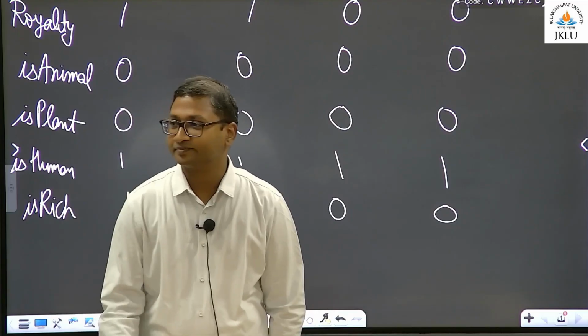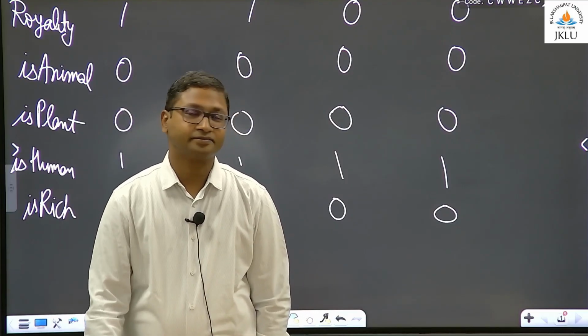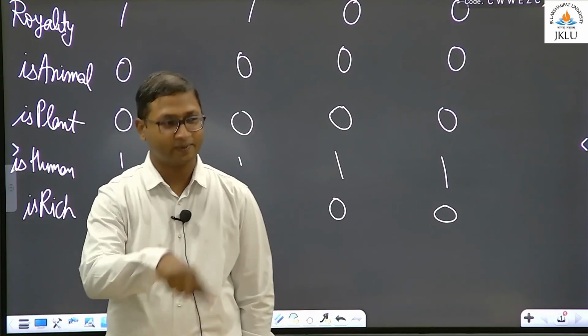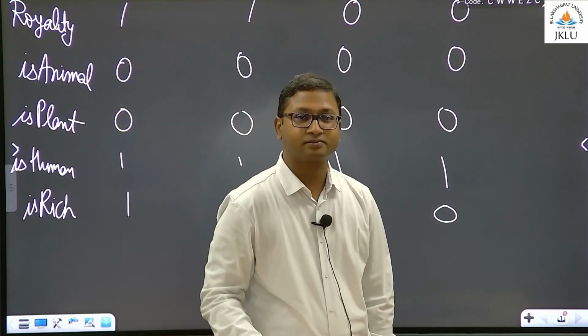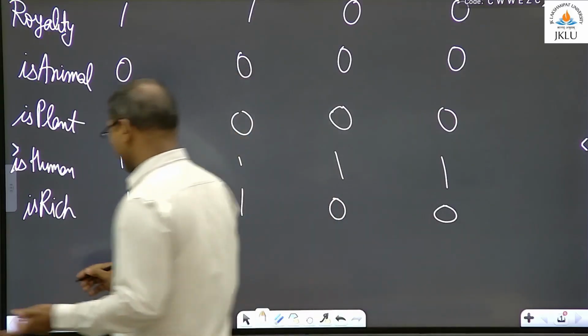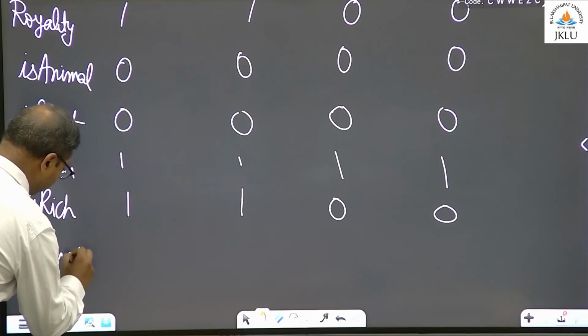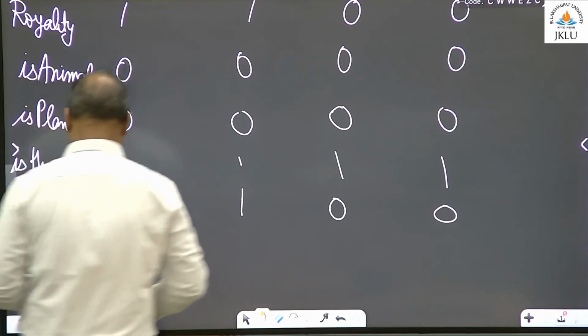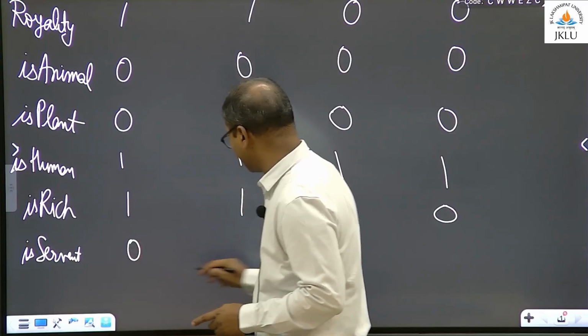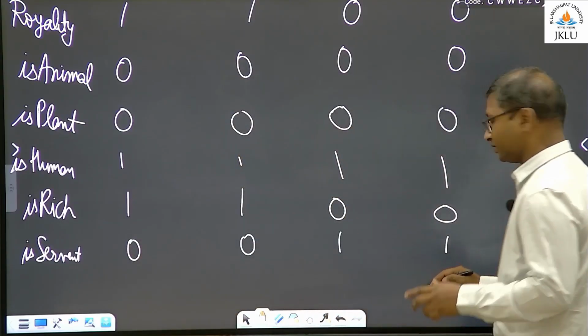Race. Let's leave that. Is servant. Awesome, thank you. So is servant 0, 0, 1, 1.